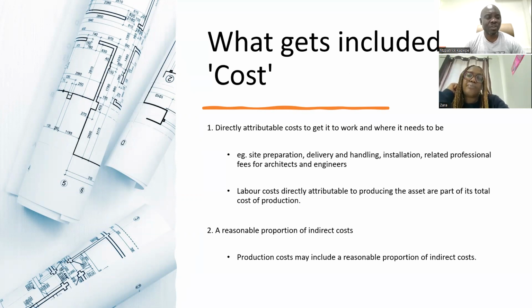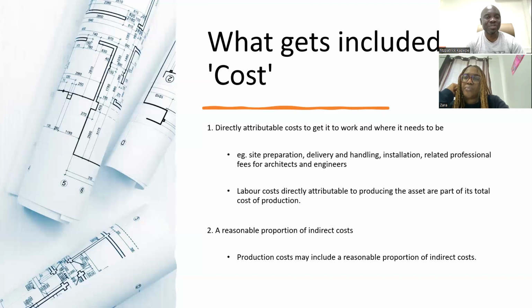All the direct costs, or what you call prime costs, are costs directly attributable to that particular product. In this case, it could be a house, anything of significance. So all those direct costs, you will need to include.